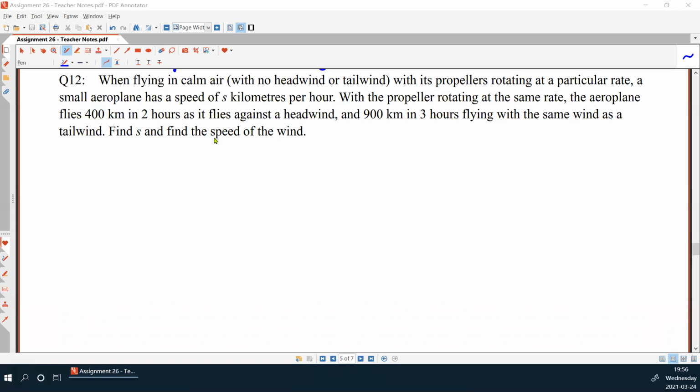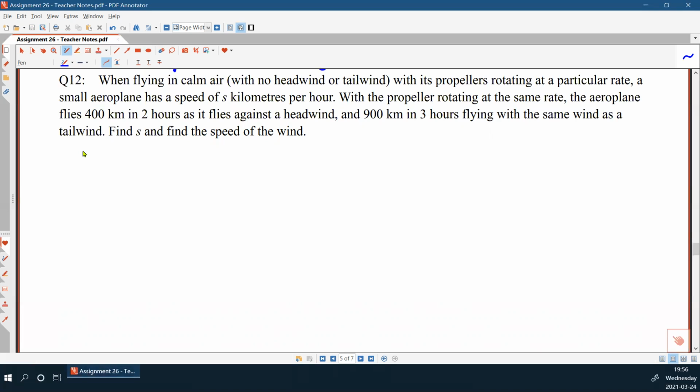Here the speed actually means ground speed, right? If you fly against the wind, for example, this is the direction of the wind, and this is our airplane. If the airplane is flying against the wind, the ground speed is the airplane's speed minus the wind speed, right? Make sense?